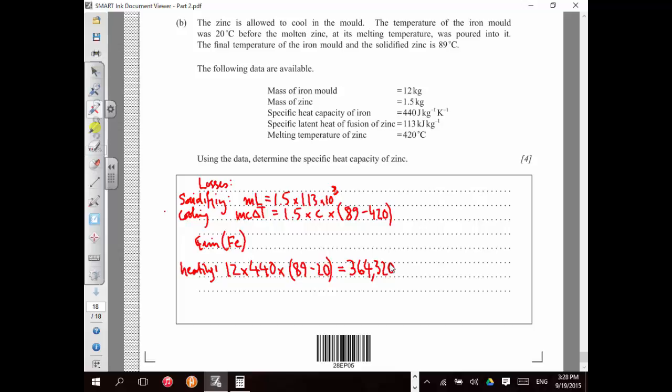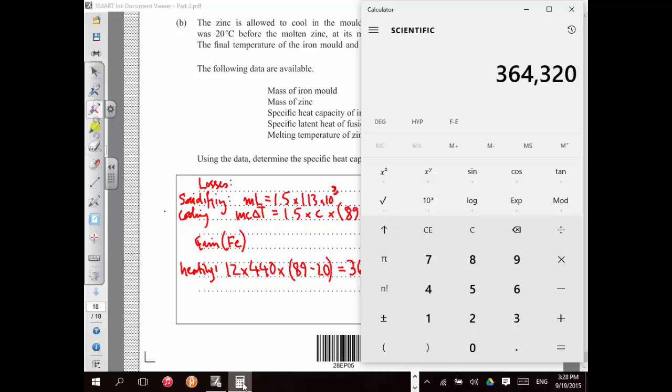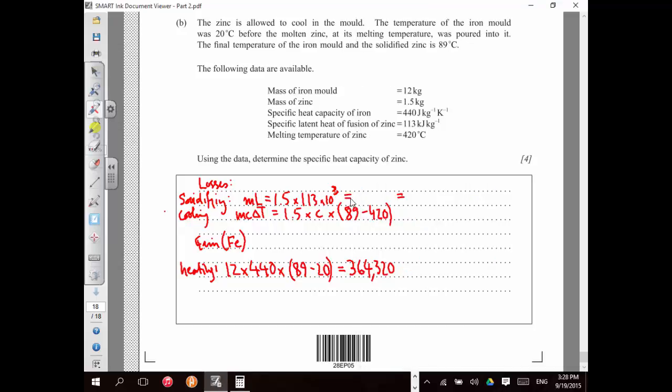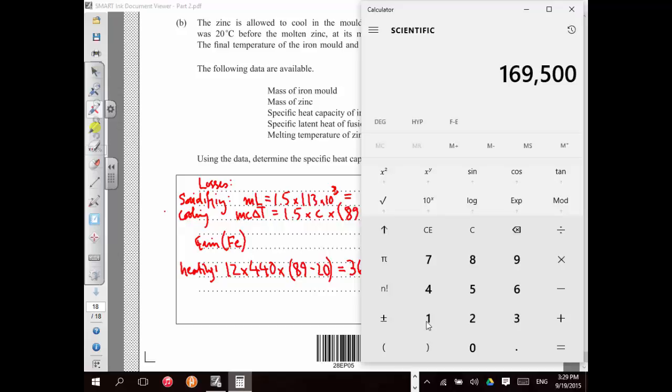This one here is equal to 1.5 times 113 times 10 to the power of 3, 169500 joules. And the cooling one, the one with the unknown, 1.5 times 89 minus 420.